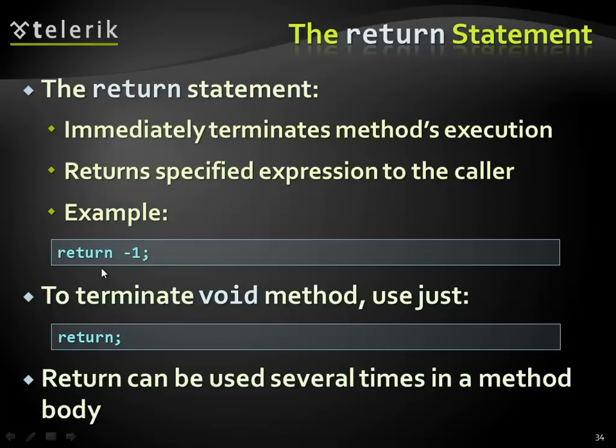And if you have a method that returns void, you can terminate it at any point by calling return without any value. It would still terminate it correctly. Or, of course, you can throw an exception. That's also one way to terminate your method in an unelegant way, but sometimes necessary.